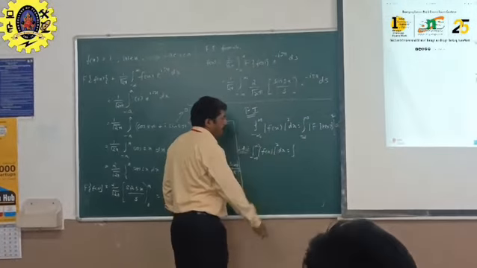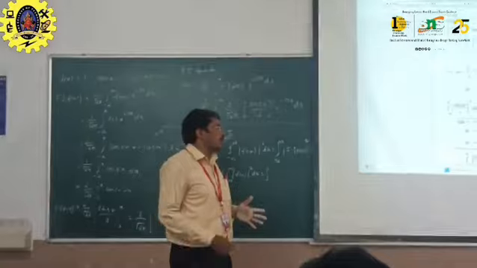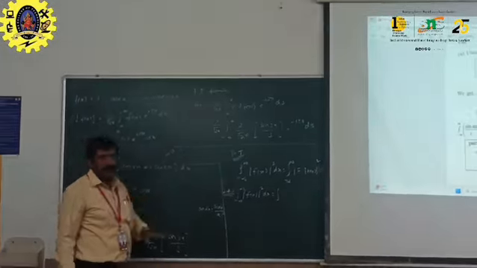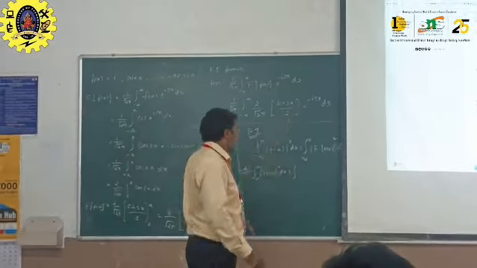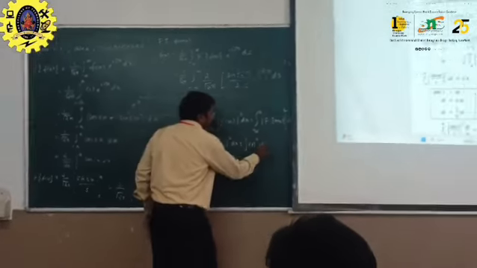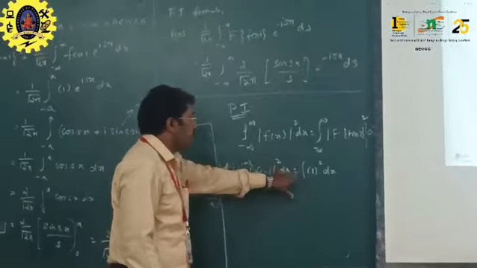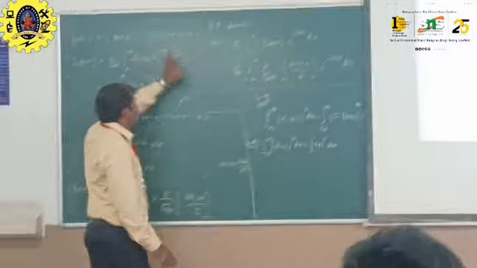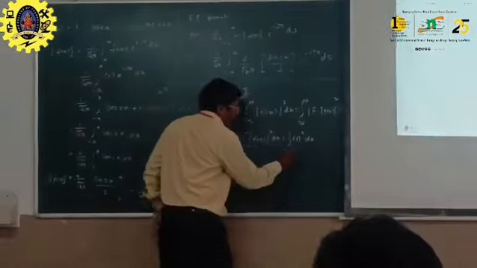What is the function given in the question? f of x is equal to 1, am I right? So 1 square dx. What is the limit given in the question? That is minus a to plus a.